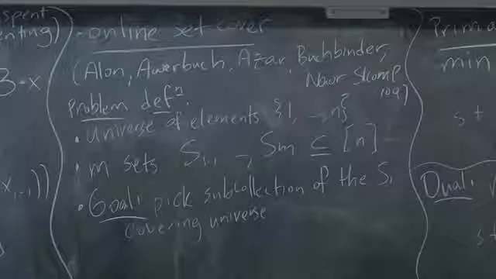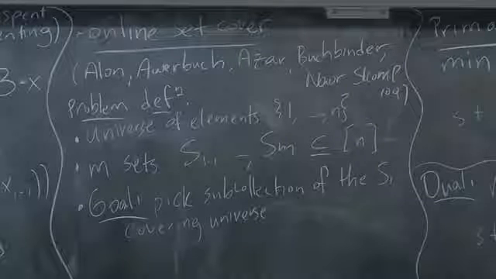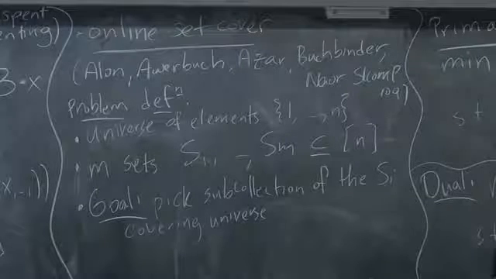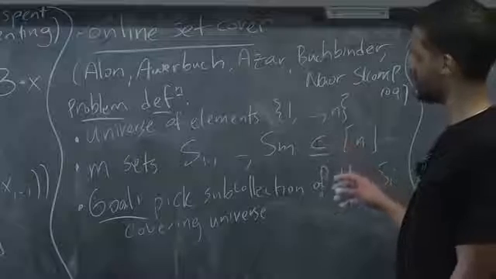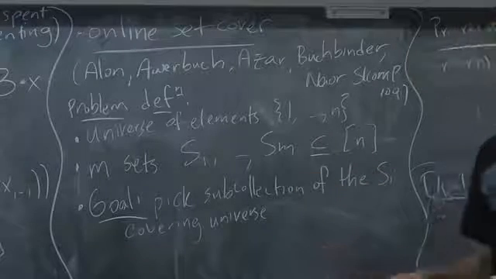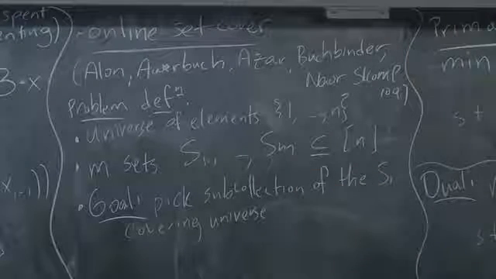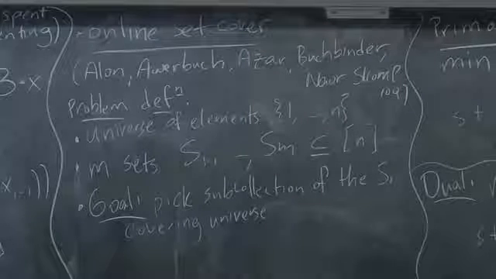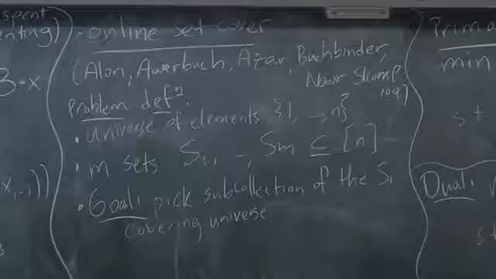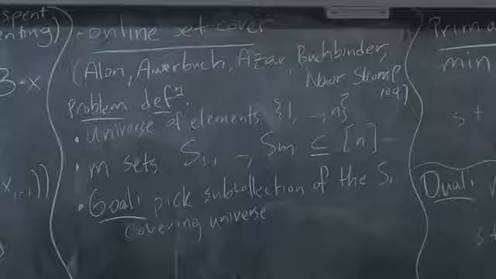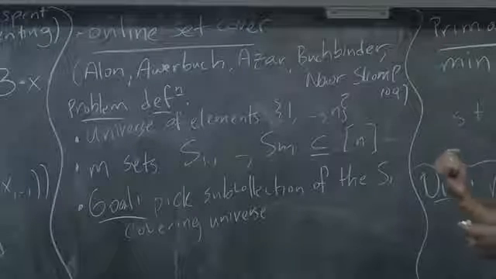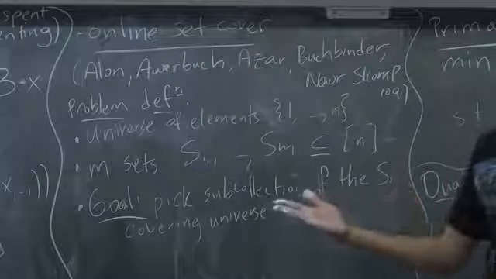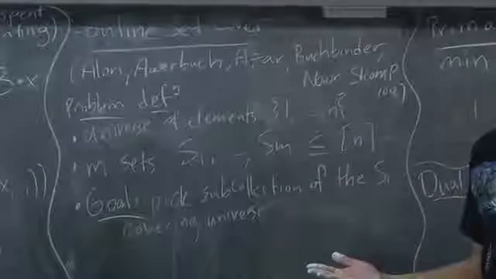So I haven't said anything about online, but this is what I mean by set cover. So what's online about this? What's online is that we know that there are these m sets in the beginning, S1 up to Sm, but we don't know anything about what they contain. And online, we see elements. And when we see an element, the person will tell us which sets contain this element.